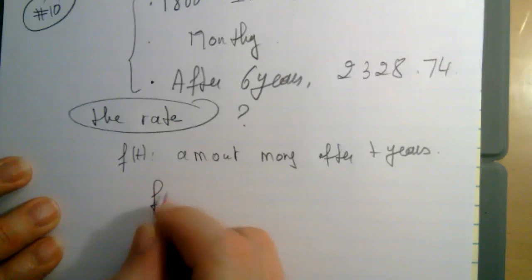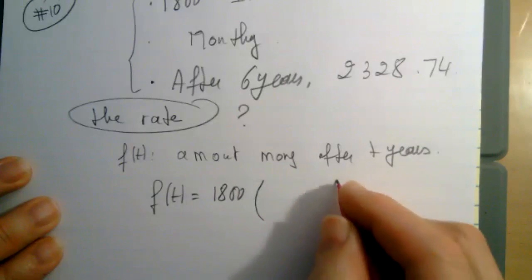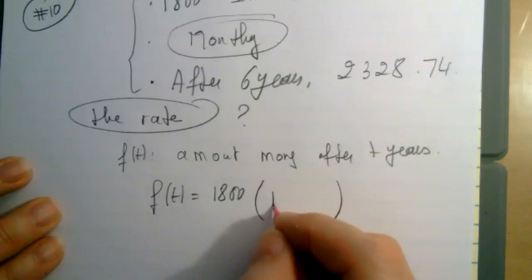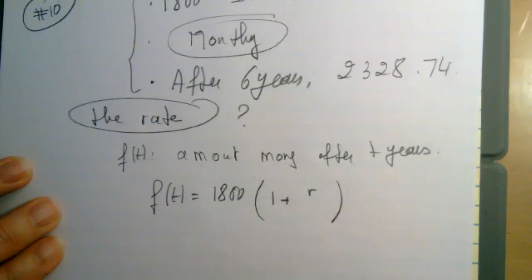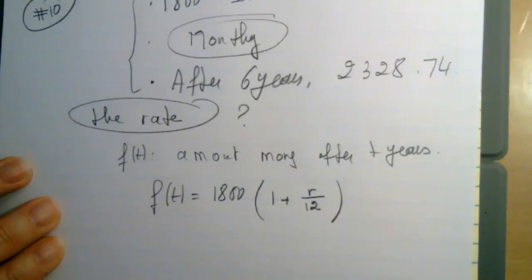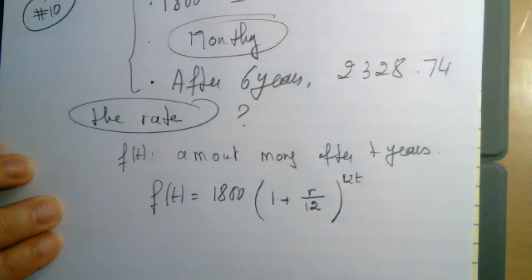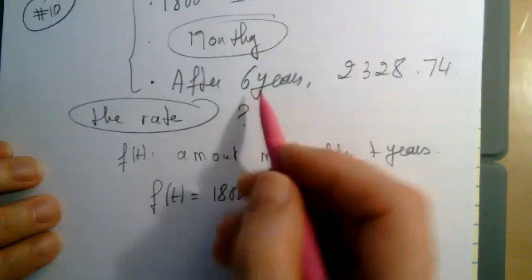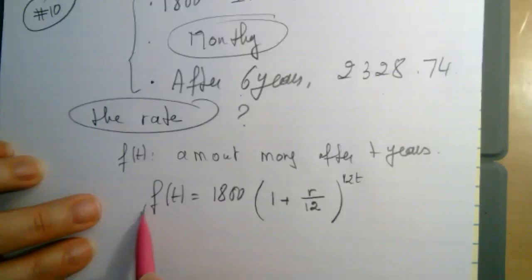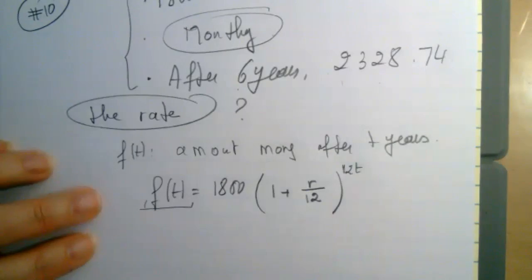It's the initial times, because it's monthly, 1 plus the rate, which I don't know, over 12, to the power 12t. That's the formula. But I know that after 6 years, I have that much. So if I plug in 6 for t, I should have 2,328.74.